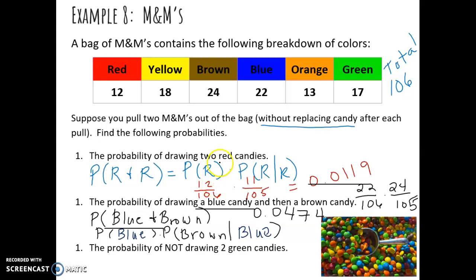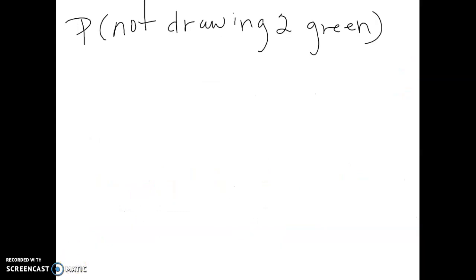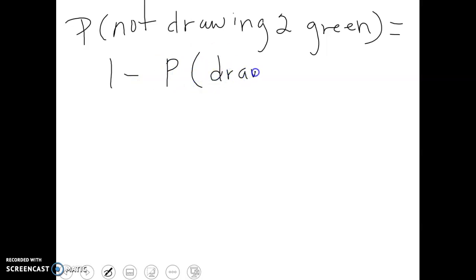All right, the probability of not drawing two green. So there wasn't enough space, so I've got a screen up here for us. So the probability of not drawing two green is the same as 1 minus the probability of drawing two green.